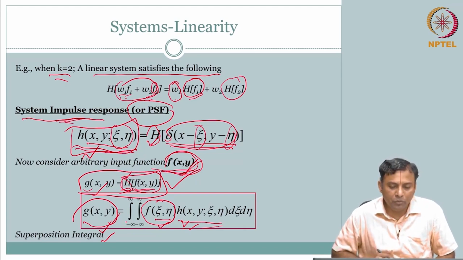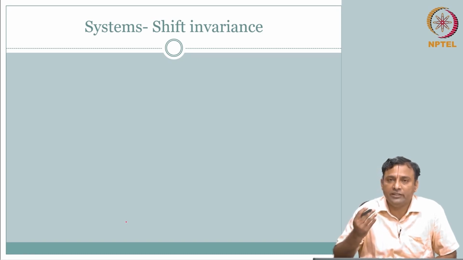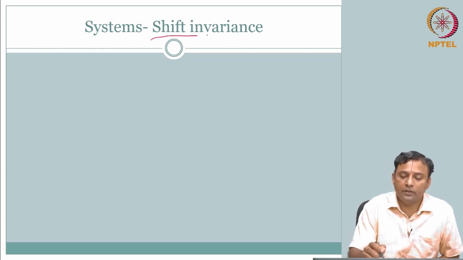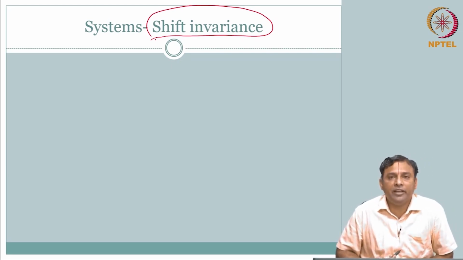So now we will proceed forward and try to see if we can address this issue. We have 4 dimensions for h. Can we reduce the dimension? Is there any way to make it a little more mathematically tractable? As you can see here, we will invoke this idea of shift invariance.